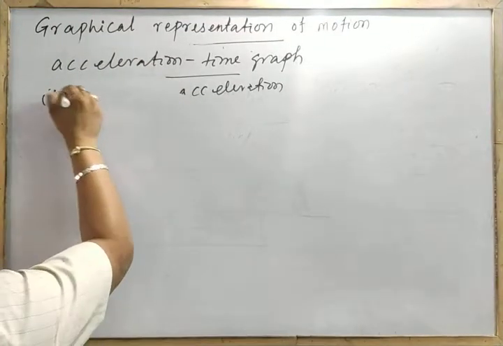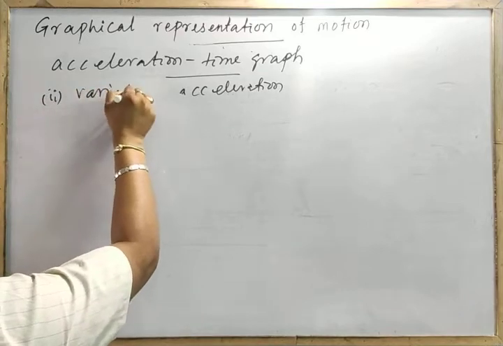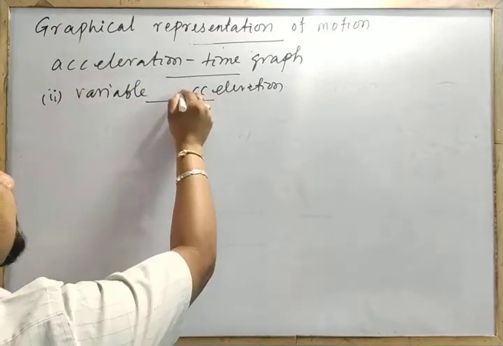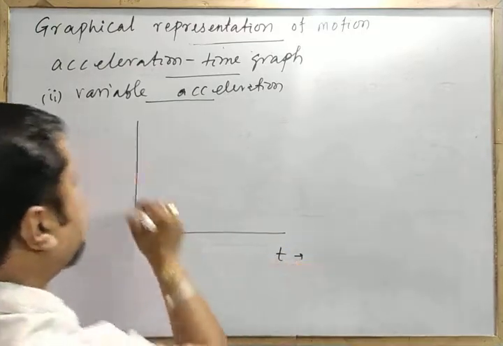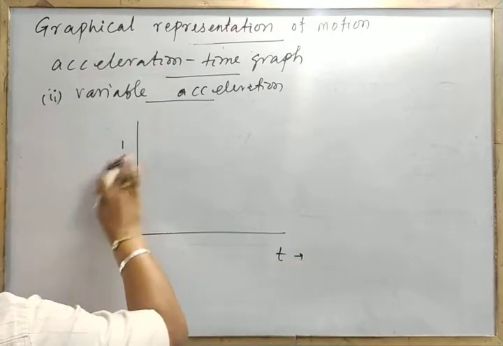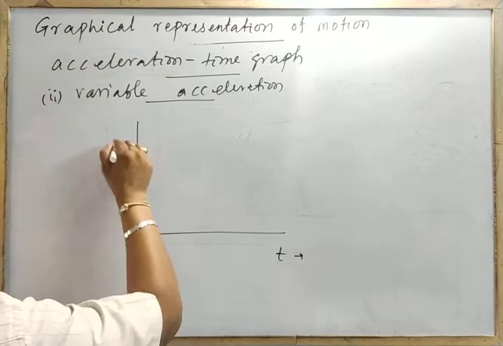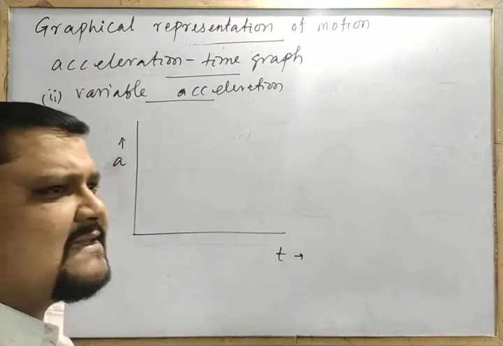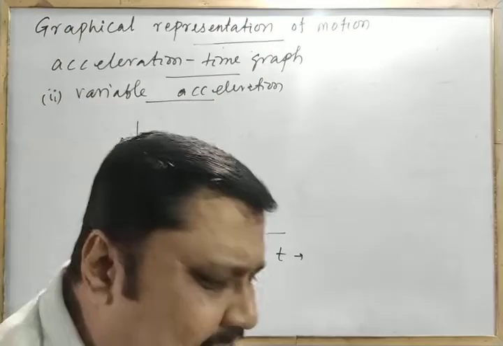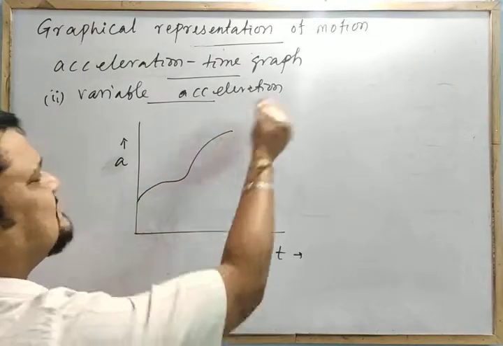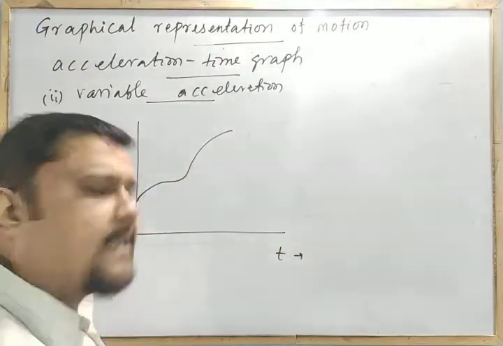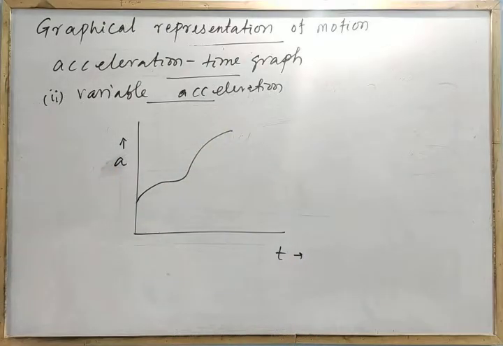Number 2, the particle is moving with a variable acceleration. Acceleration time graph, acceleration variable. As the time passes, the acceleration is changing in a random manner. So we can show like that, the acceleration is changing like this. Now this is the variable acceleration.